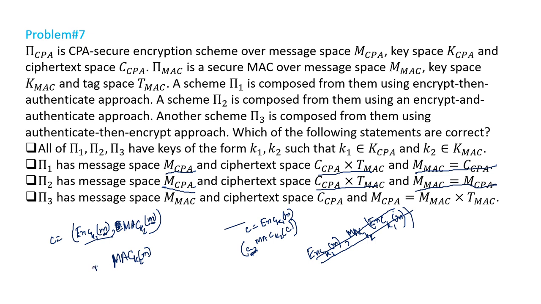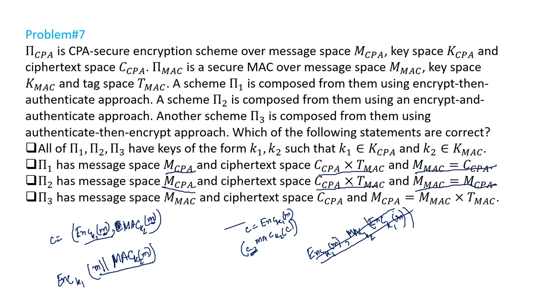This is T, and then you concatenate it, and then you apply encryption, right? So here you can see that the message space for the encryption scheme is actually the concatenation of the actual message, that is MCPA, concatenated with the tag, right?